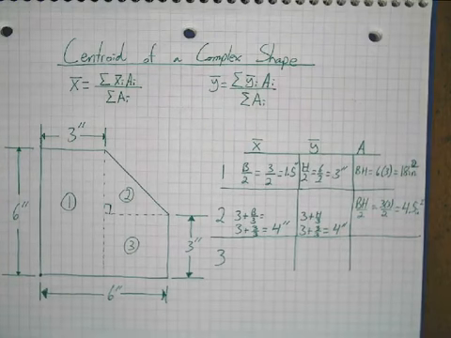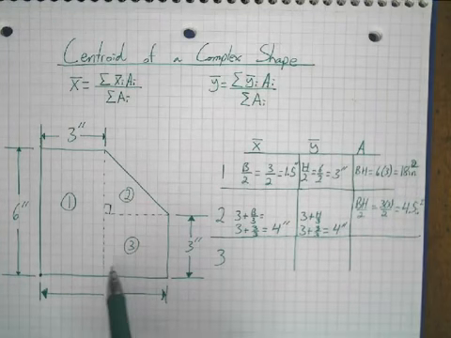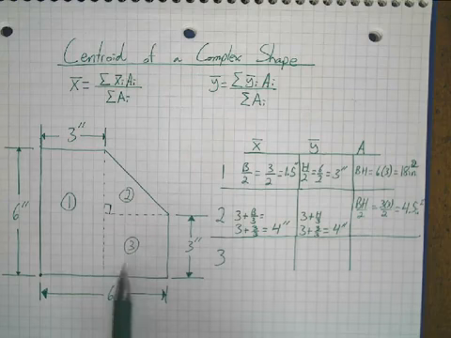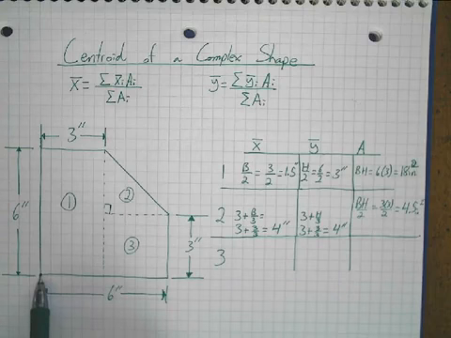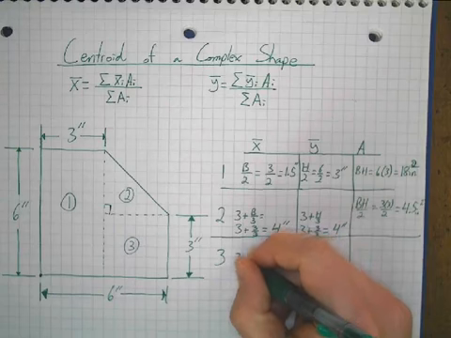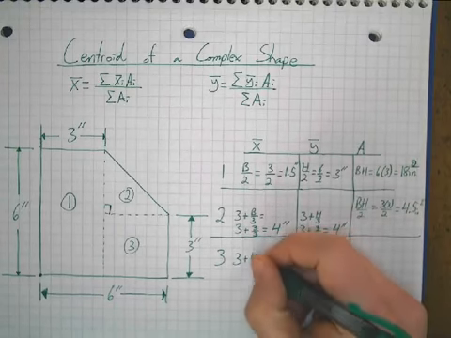So if I remember right, I think I'm at number 3, and I was talking about how once again we have to worry about number 3 being in its actual location. So from when we're talking about our x bar, we start from our 0 point, and once again we need to know that we're starting at 3. So I'm going to start by writing 3 plus base over 2.